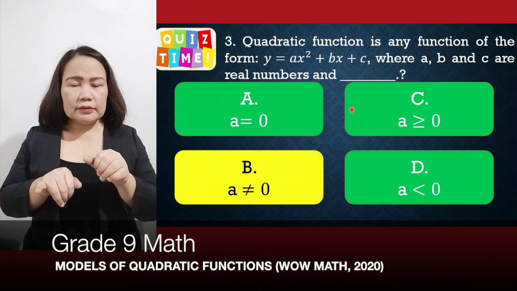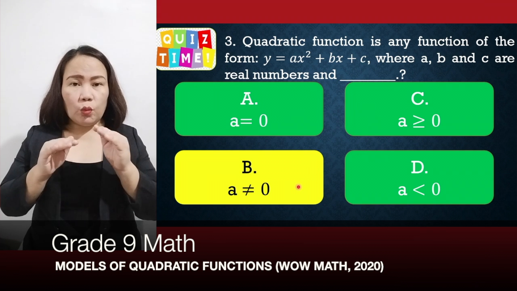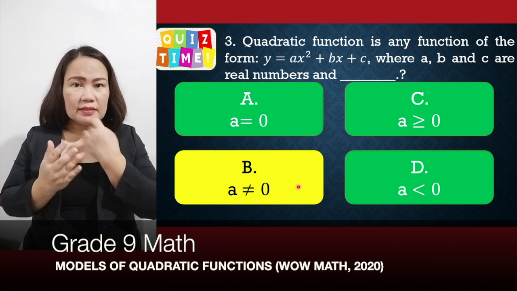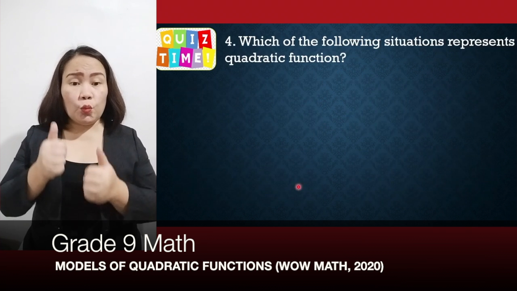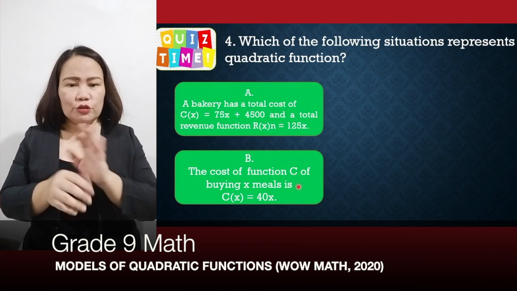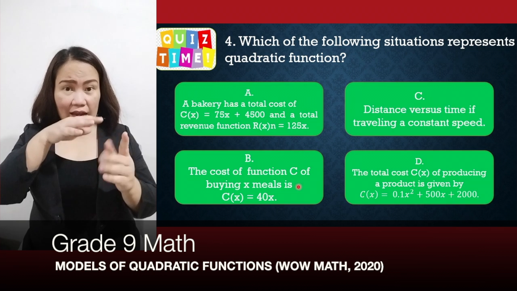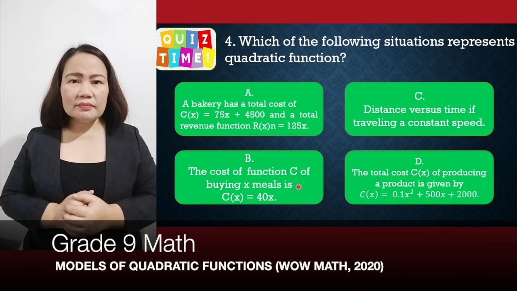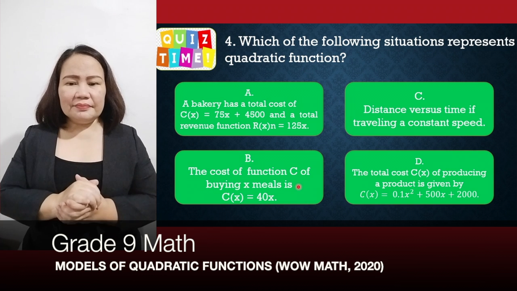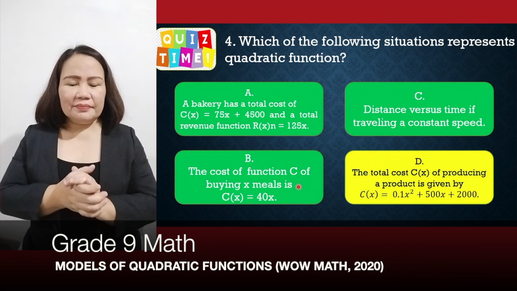So, hindi itong tatlo. Your a should not be equal to 0. Kasama yan sa discussion natin kanina. Next. Which of the following situations represents quadratic function? Alright, so the answer is letter D.